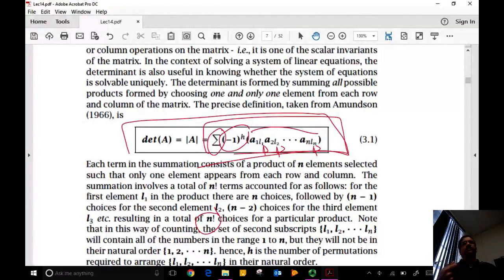You pick one according to A1, A2, A3, and then the second index you pick from the other non-used rows or columns, and they are going to be in different order. So you need to find out how many times you have to switch them to put them in the right order of 1 to n. So if it is even, it'll become plus 1. If it is odd, it'll become minus 1, etc.